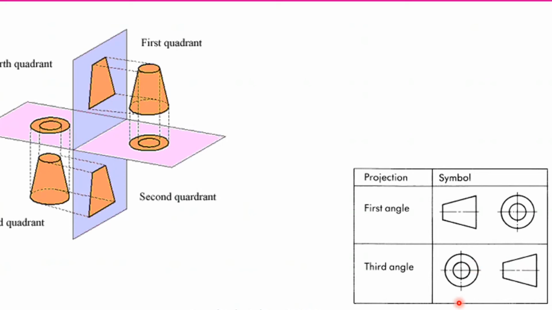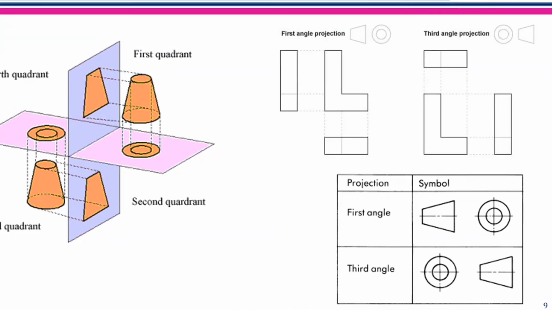In every engineering drawing you come across, you will find this symbol. Either this one or that one will be given, depending on what angle projection that person has used.